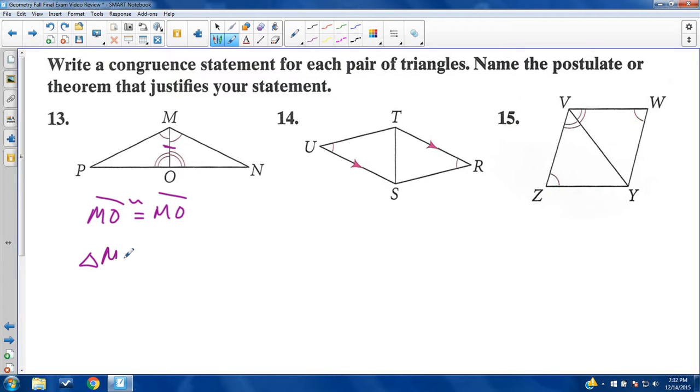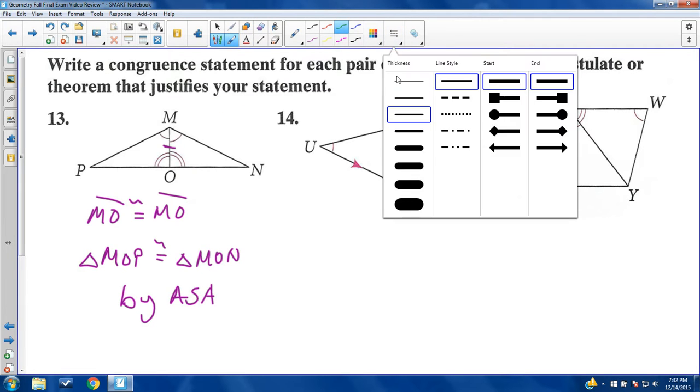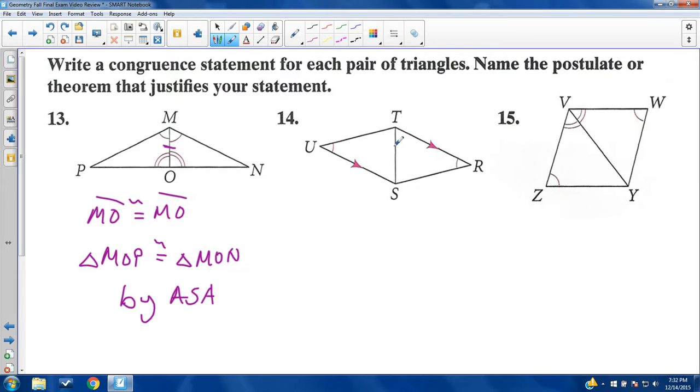If I say MOP, because I like the word mop, that's congruent to, remember, it's reflection, MON, like Monday. Now, why? That is angle, side, angle. I have angle, congruent, side, angle with angle, side, angle. Boom. That's number 13.